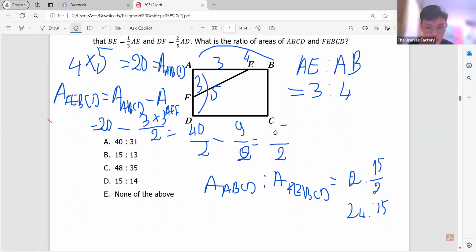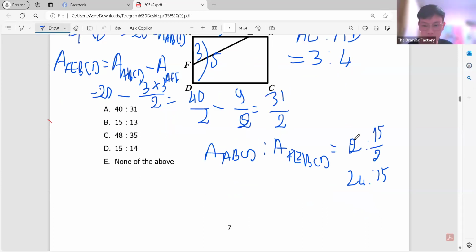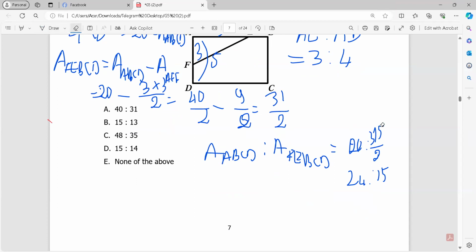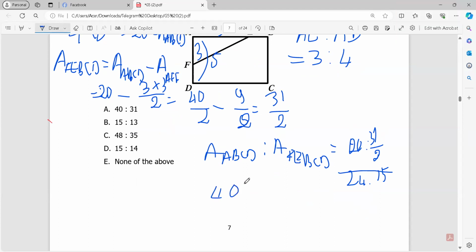And this one is 31. And this is 20 and 31. So what we are having is 40 to 31, which is the answer A.